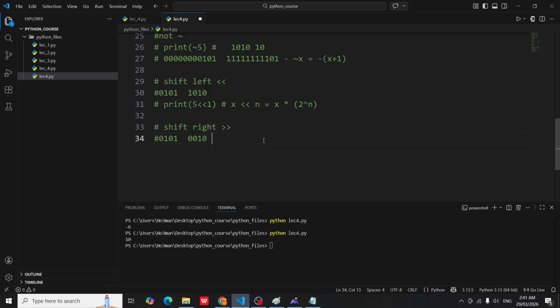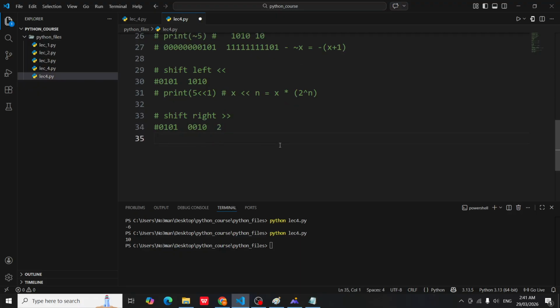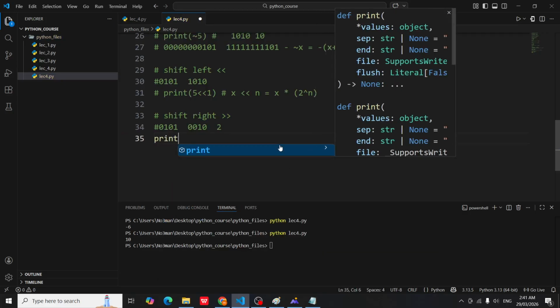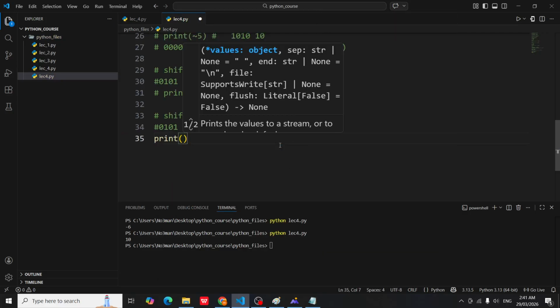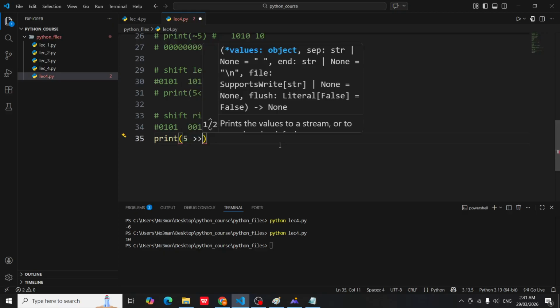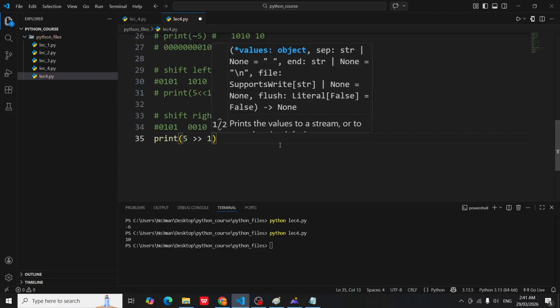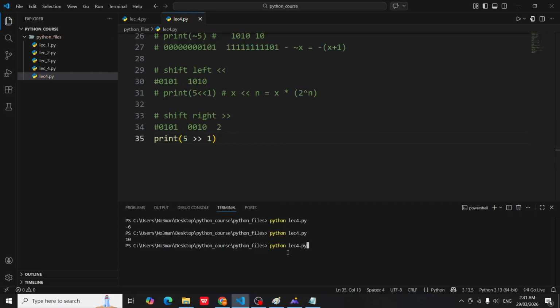So it should give us number 2. Let's print 5 right shift 1, save, clear, run the file. It gives us 2 as expected.